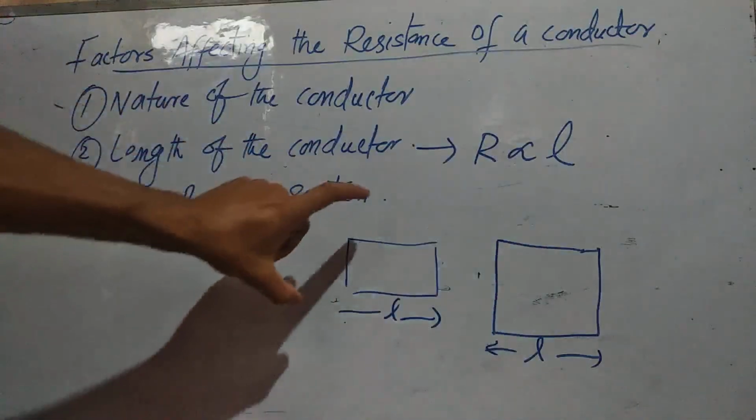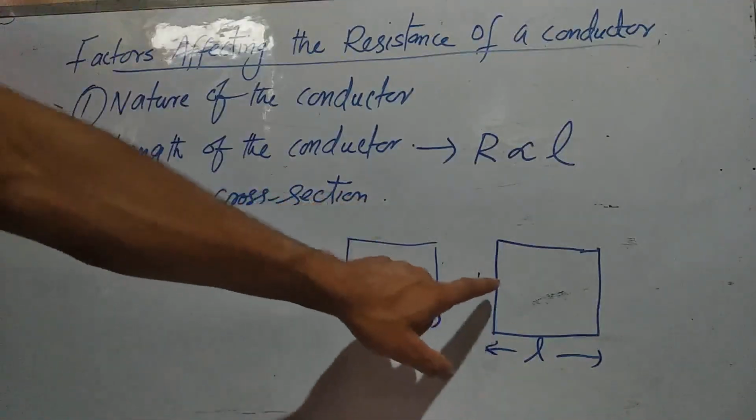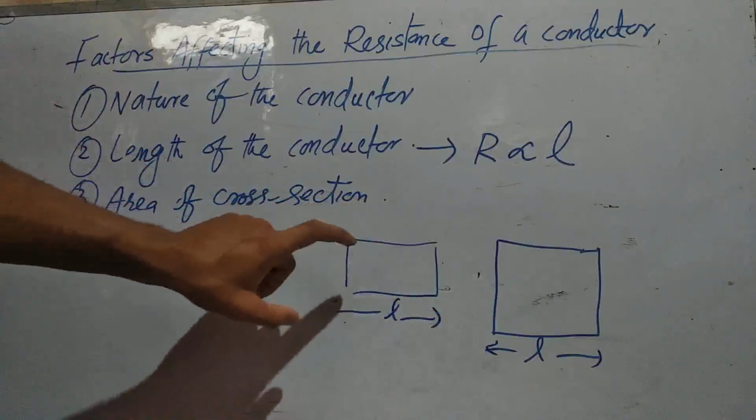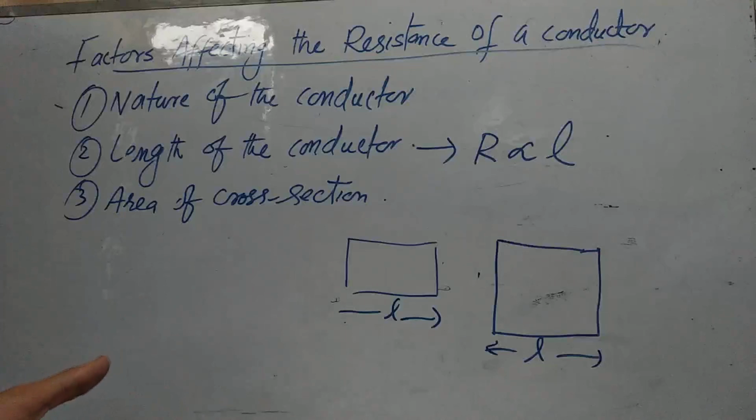So resistance R is inversely proportional to the area of cross section. As the area of cross section increases, the resistance will decrease. As the area of cross section decreases, the resistance will increase.